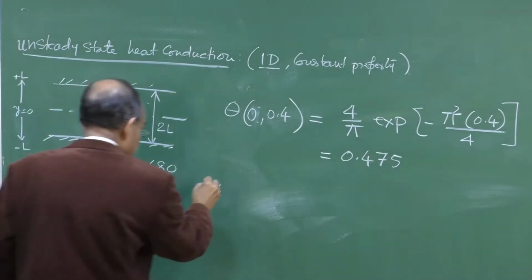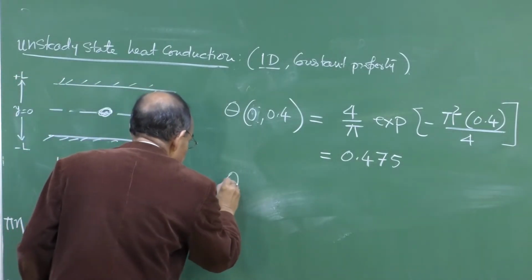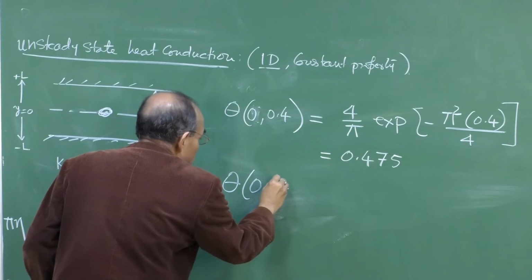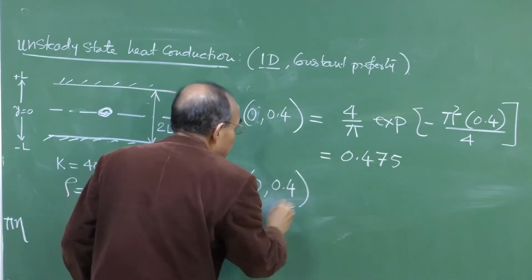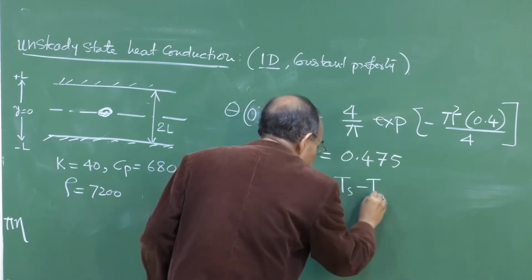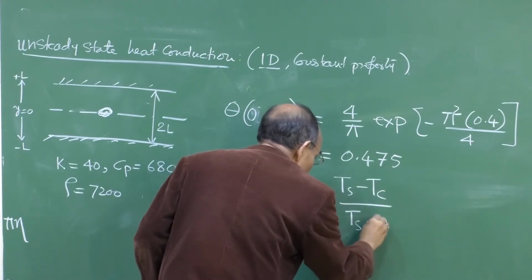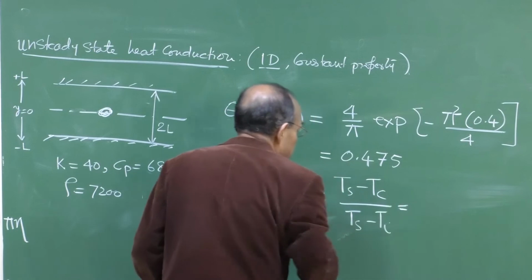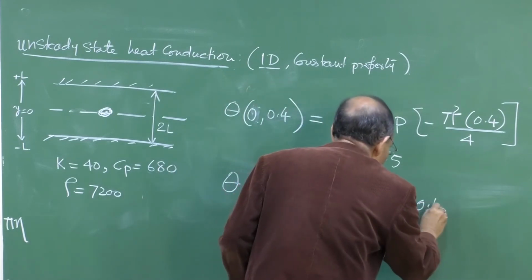So, therefore, now we can say that theta at 0, 0.4, which is equal to Ts minus Tc divided by Ts minus Ti, is going to be equal to 0.475.